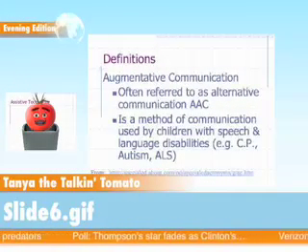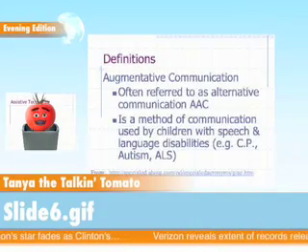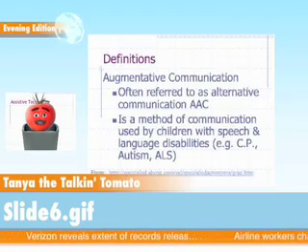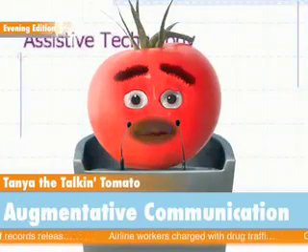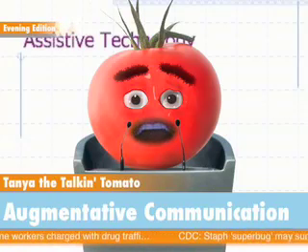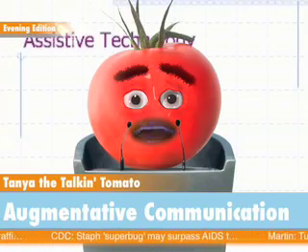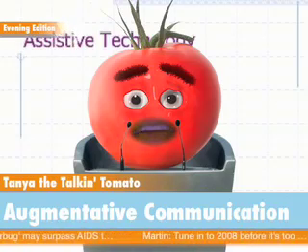Augmentative communication, often referred to as alternative communication or AAC, is a method of communication used by children with speech and language disabilities, like our little ones with cerebral palsy that might have some oral motor difficulty, our little ones with autism, and other little ones that might have some sort of delay in their expressive language.